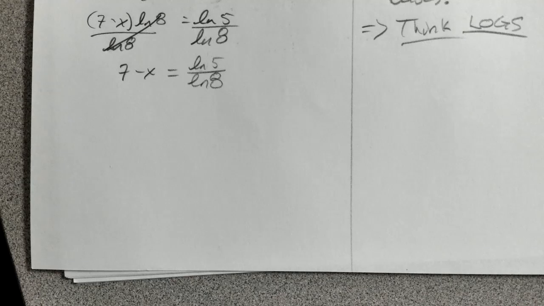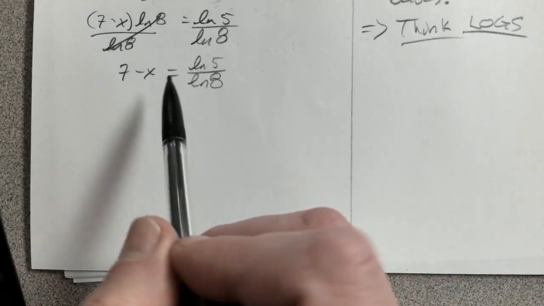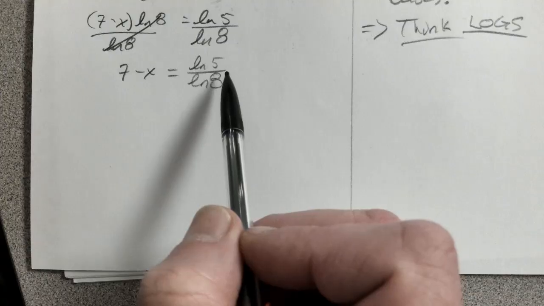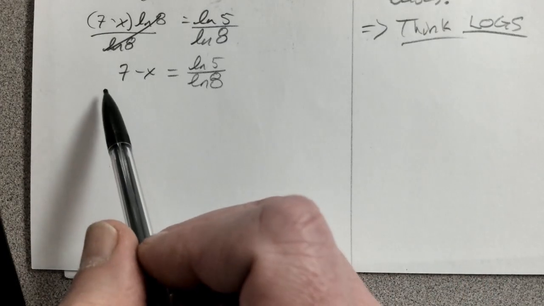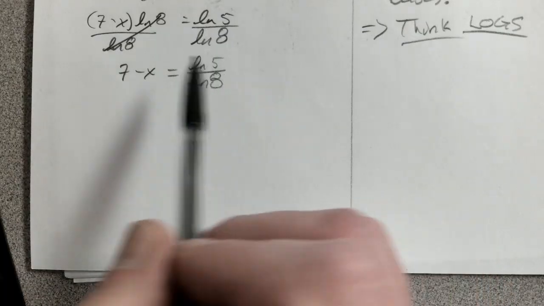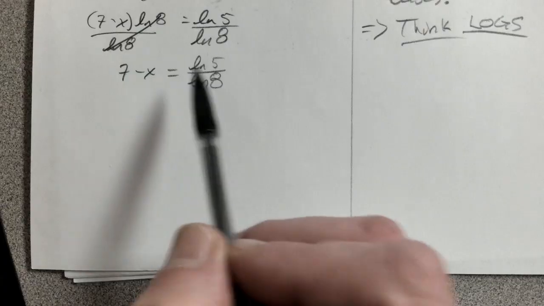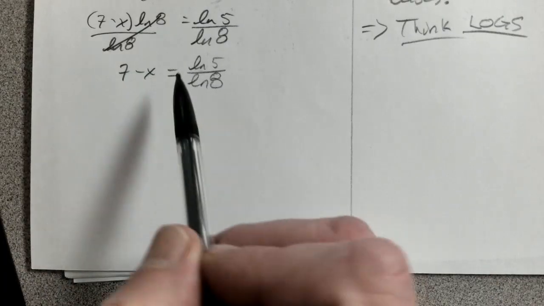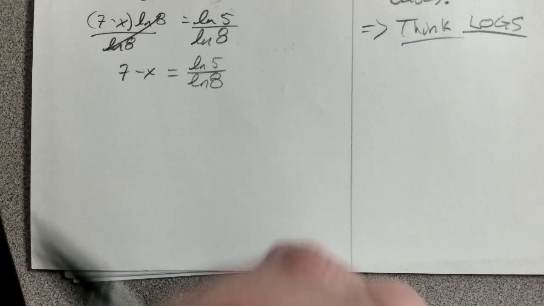Now, there's a really simple way of handling this. Actually, there's two ways of doing this. I could add x and subtract the logs, or I can subtract 7 and then divide by -1. That part's a little bit more confusing, only because when you divide by a negative, you've got to switch a bunch of signs. So what I'd like to do in this scenario is add the x and subtract the natural logs.